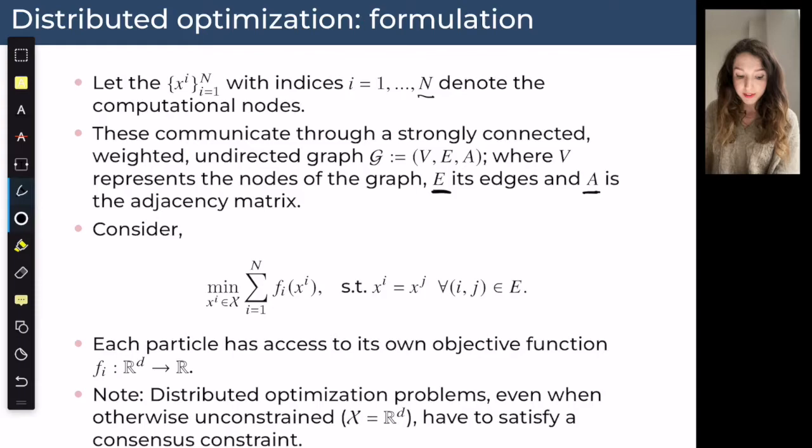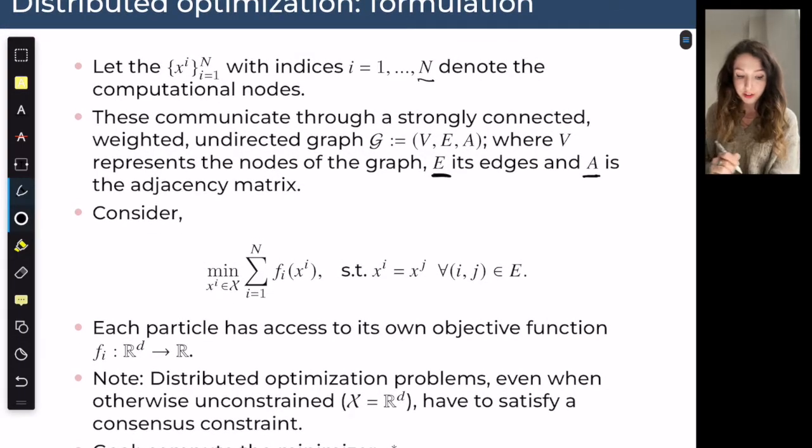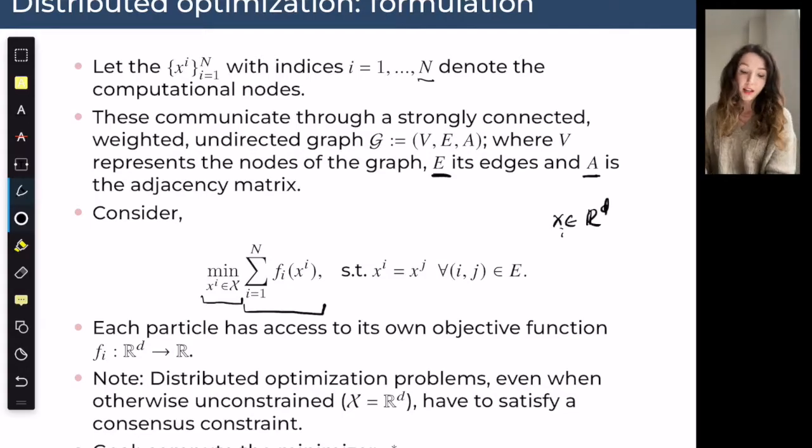And then what we say is that our objective function is to minimize this sum of the fi's at each xi, such that each xi lies additionally in some constraint set, curly X. This constraint set can be the whole of R^d, assuming that each xi lies in R^d, or it can be a subset of this R^d.